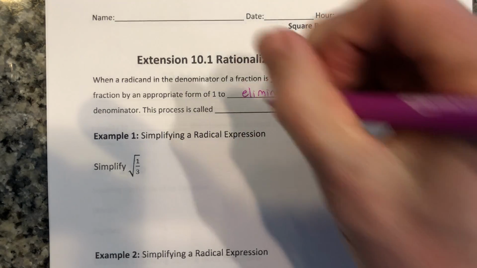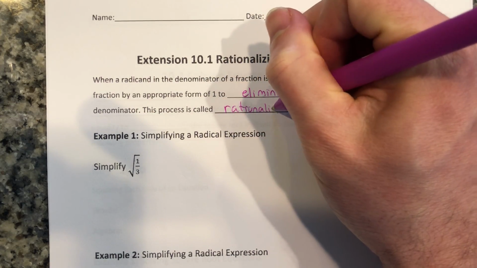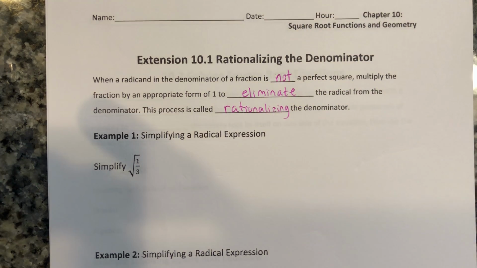This process is called rationalizing the denominator. We're going to look at example 1, then I'm going to give you a bunch of other examples that you could try, and we'll do those together as well, and then we'll move on.